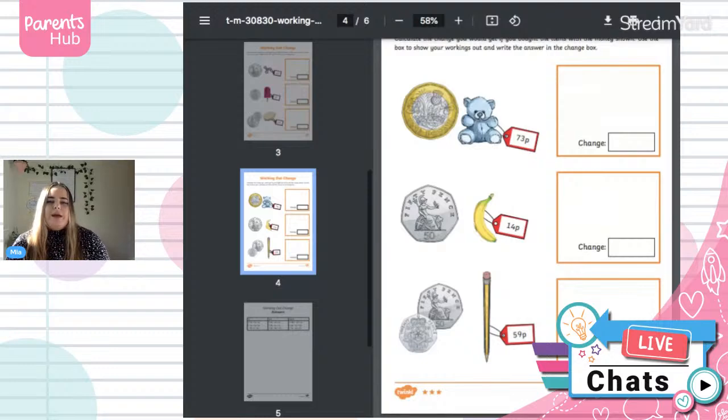So you could maybe put a £2 coin down and say it's £1.73, or a £5 note, and you could do this in person. You can put a £5 note down if you've got play or real money, and then you could grab any item like a toy or a pen, for example, like I've got here, and say, oh, this pen actually costs £1.10. How much change would I get if I pay with £5?